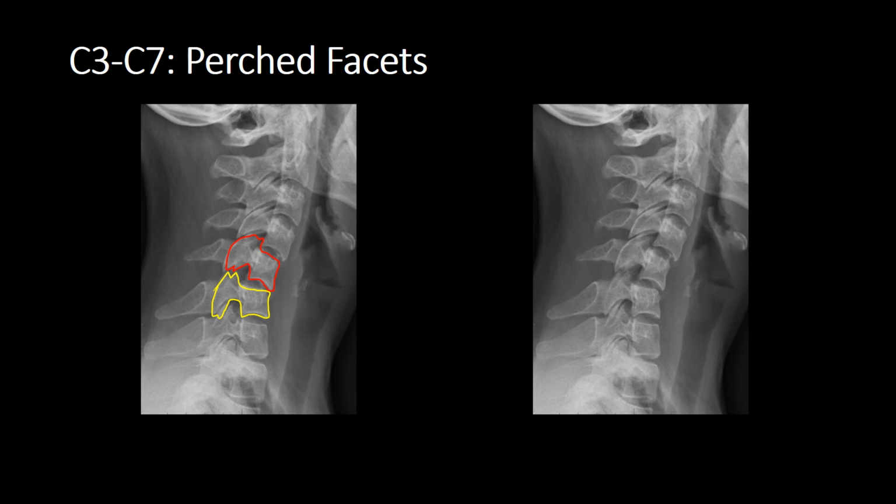Okay, B for bones. Let's have a quick check of the cortices. Go around the cortex of all of them. Have a quick little look along the facets, the articular pillars.